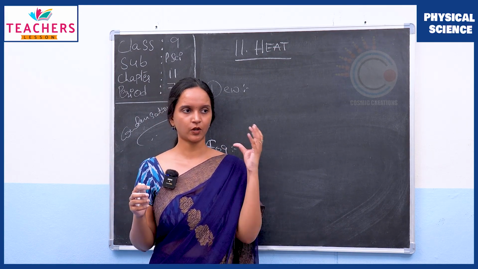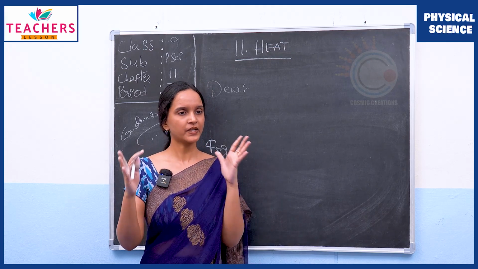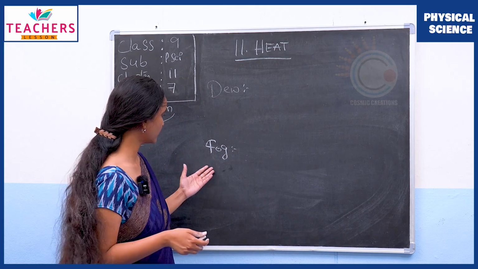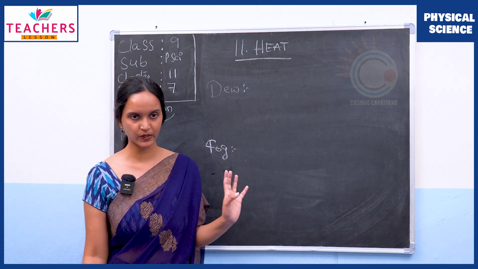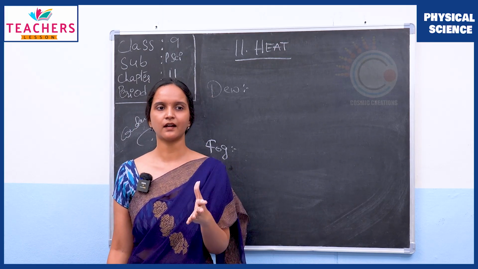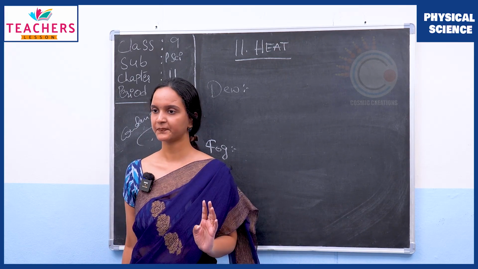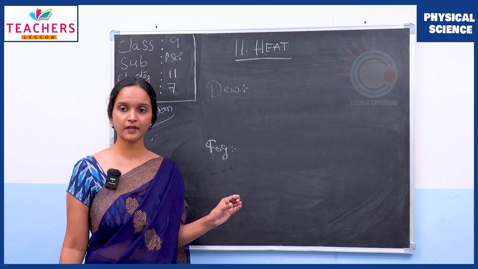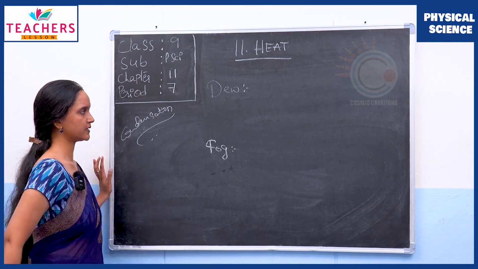These water droplets will be floating in the air and a thick mist would be formed. This thick mist is our fog. And what does it do? It will restrict our visibility. It becomes quite harder to see when there is fog in the atmosphere. So that is how dew and fog are formed. These are the results of condensation.